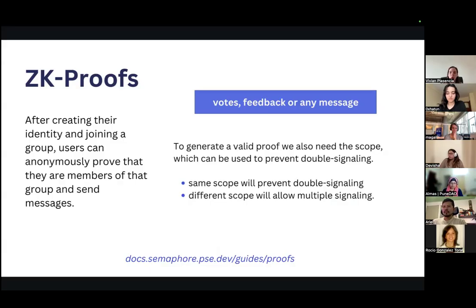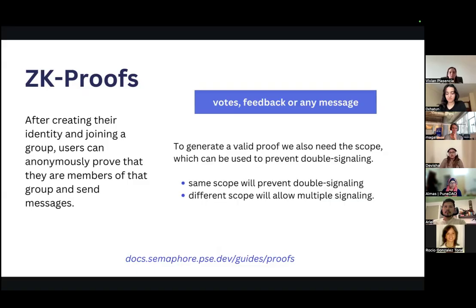This scope can be used to prevent double signaling, which means that your message or your ZK proof won't be verified successfully twice. That's what double signaling means. So with the same scope, you will prevent double signaling, and with a different scope, you will have multiple signaling.